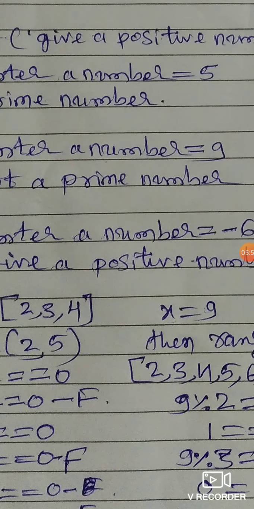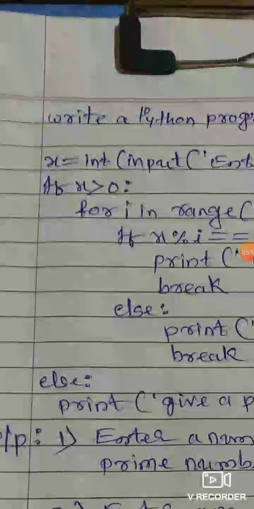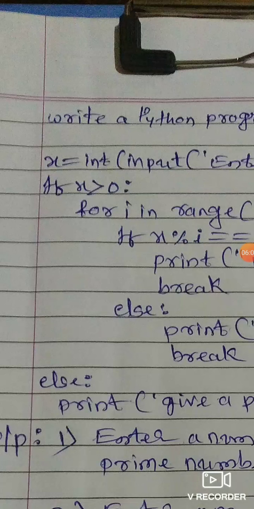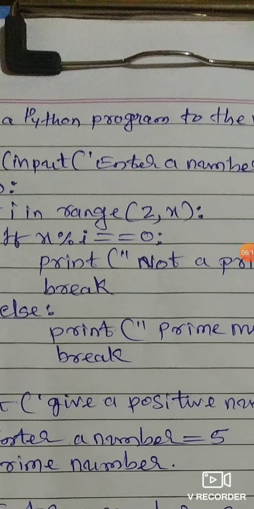Enter a number equal to 9. Here we take the x value as 9. Again, the second statement: 9 is greater than 0, the condition is true, so it goes to the if block. In the if block, the first statement is for i in range of 2 comma x, where x is 9.